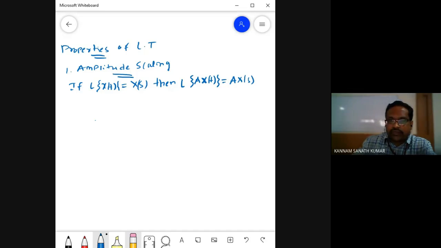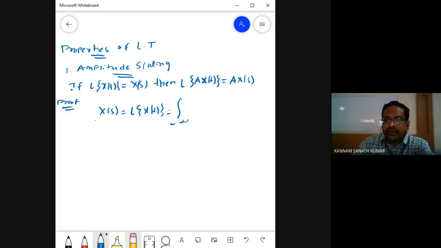Let us see the proof for this amplitude scaling. X of s equals the Laplace transform of x of t, which is the integration from minus infinity to infinity of x of t into e power minus st dt.